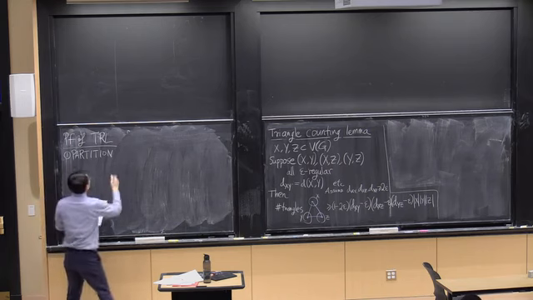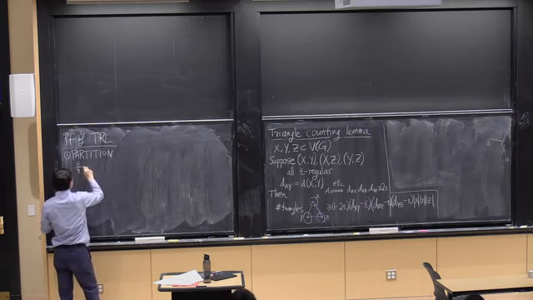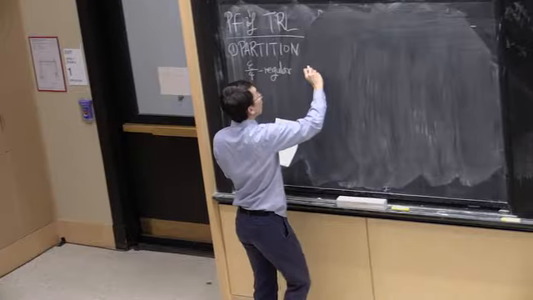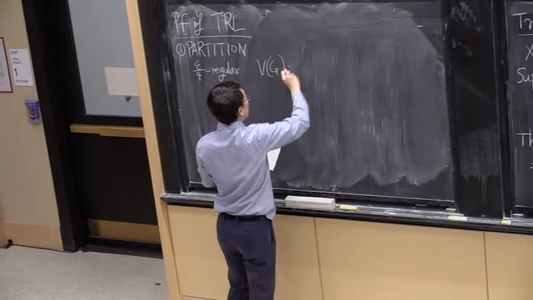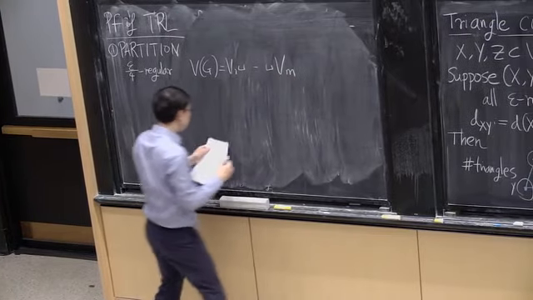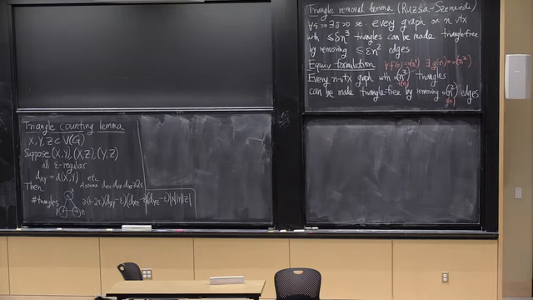We'll find a partition that's epsilon over 4 regular. Here epsilon is the same epsilon as in the statement at the top of the triangle removal lemma.